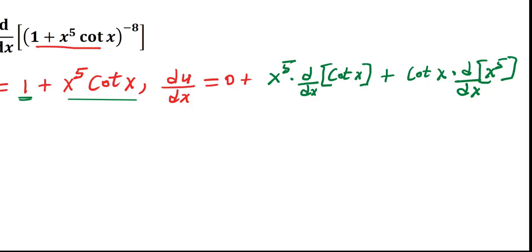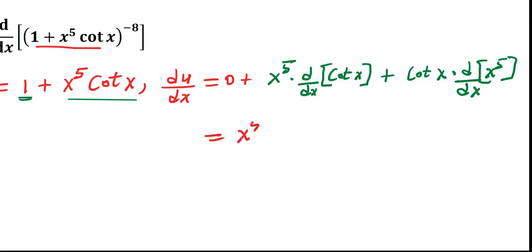All right, so now this will be equal to, so 0 is no more relevant. If we take the derivative of cot x, that automatically is going to give us negative.